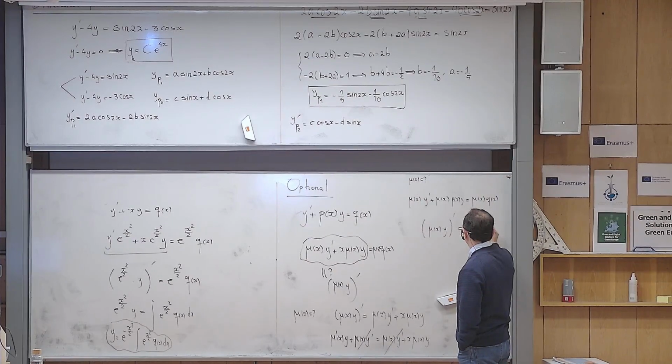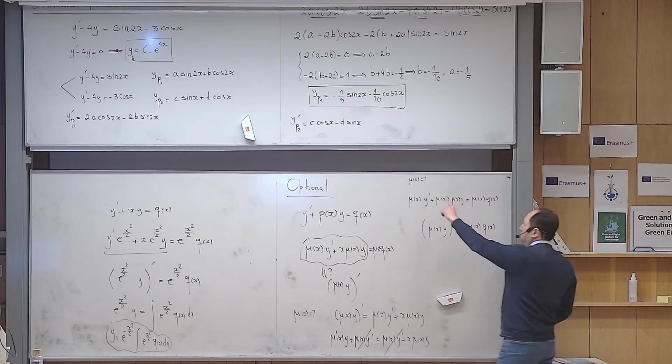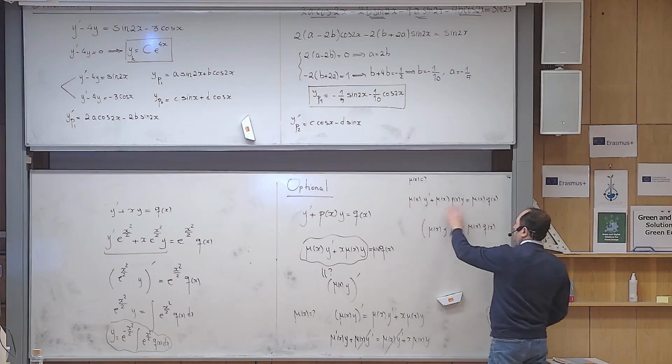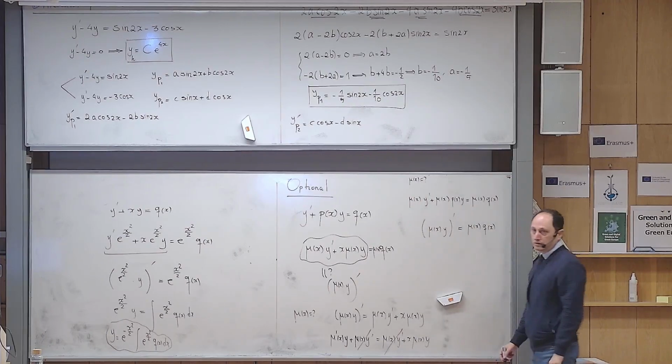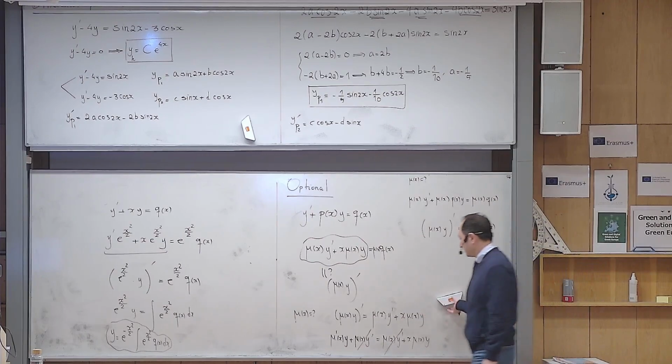I'm not claiming that I can't find it, but my question is, is it possible to find mu of x in a way that when I multiply this, the left hand side becomes that one? But then again, you can immediately answer the question using the same method.